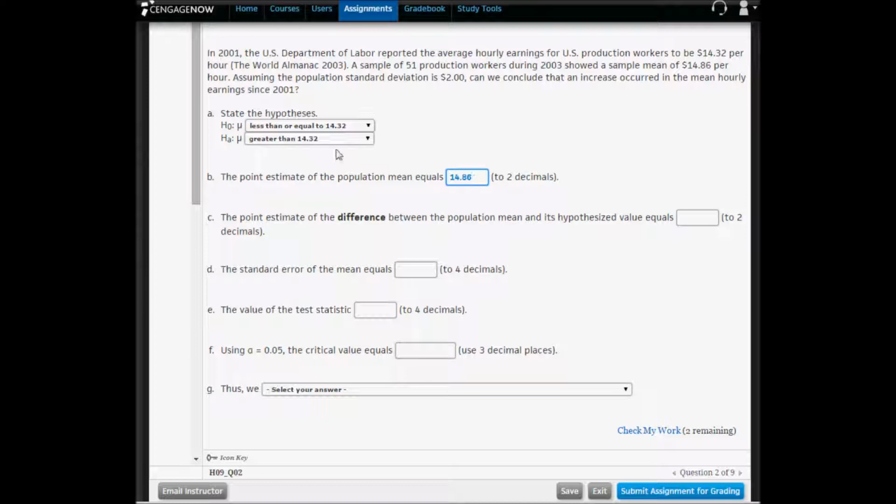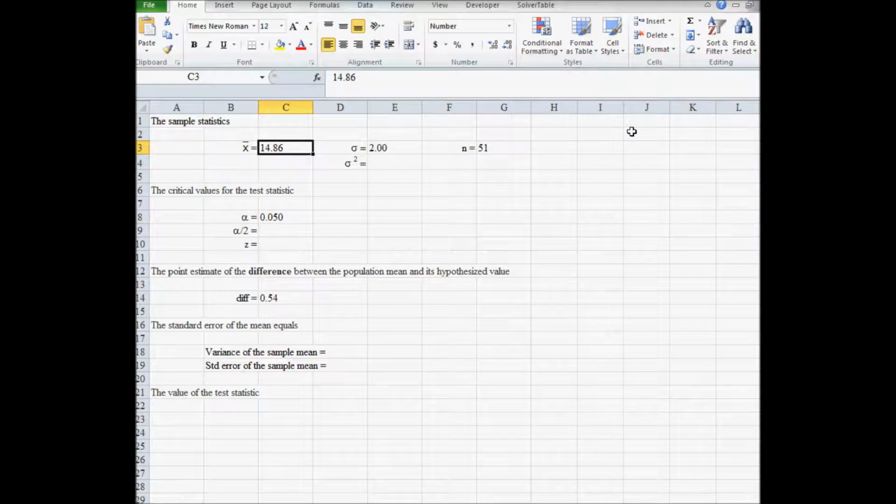The difference between 14.86 and 14.32 is the point estimate of the difference between the population mean and its hypothesized value. The sample mean, assumed population standard deviation, sample size, and significance level have all been copied into Excel.